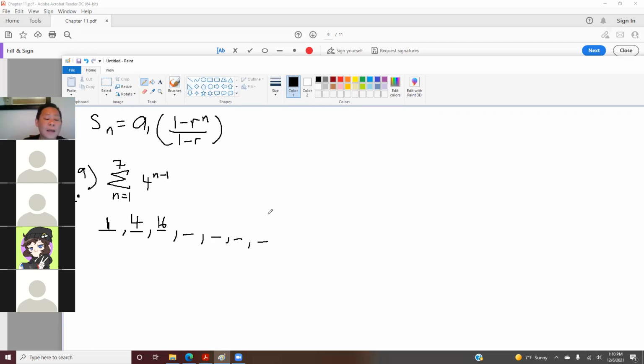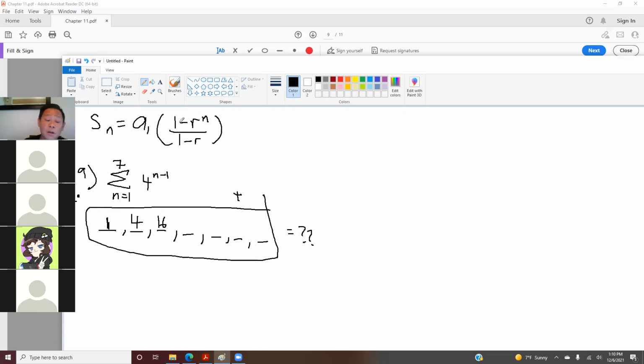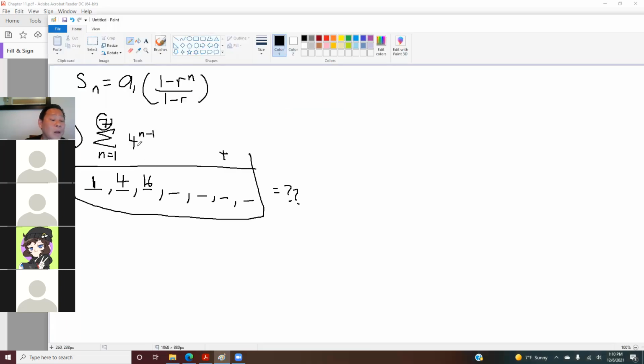Then take your calculator out and add this up, and that's your answer. This is one way to do it without using the formulas, because n is 7, which is small enough. Put n is 1, 2, 3, 4, 5, 6, 7, and then you just add it up.